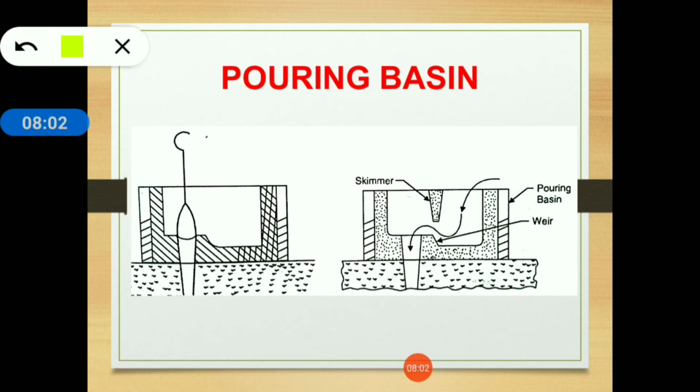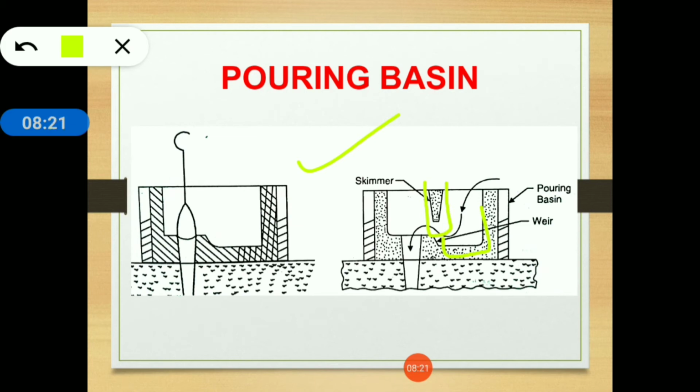Another type of pouring basin is like this. In this type of pouring basin, heavier impurity will settle down in the bottom part, and if lighter impurities are there, they will just stick or cling to the skimmer.